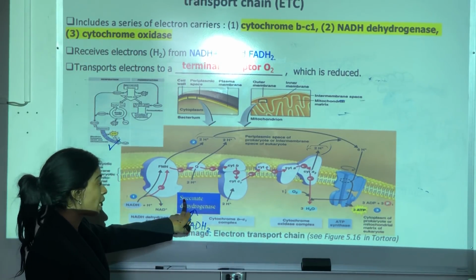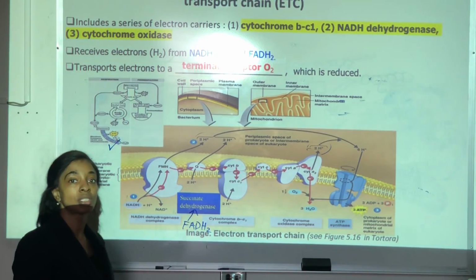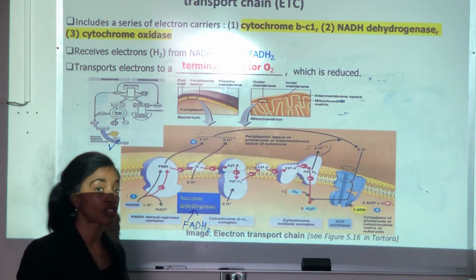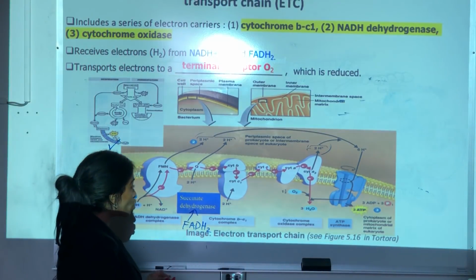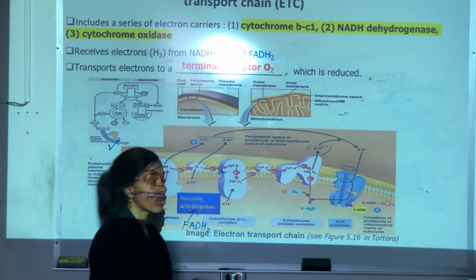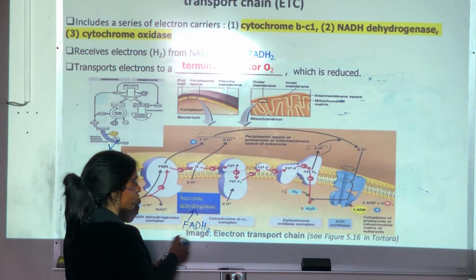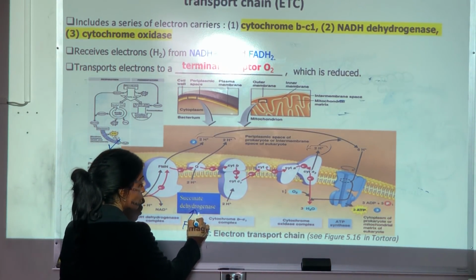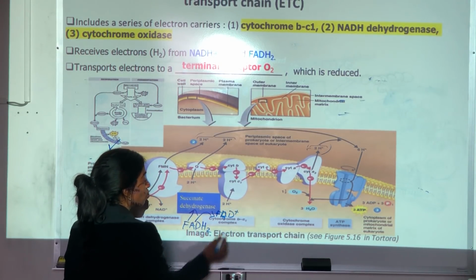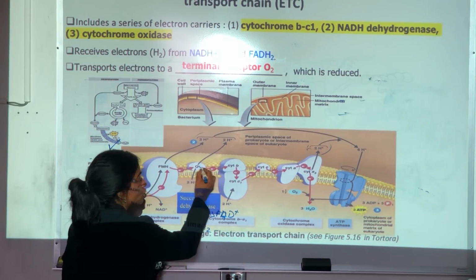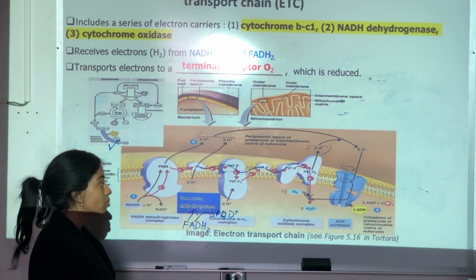So when FADH2 comes in, it comes in at a later stage of this electron transport chain. Since it comes in at a later stage, it's only going to activate a certain part of these proton pumps. So when the electrons are removed, this will become FAD+, and eventually the electrons will also shuttle across the chain, be collected by oxygen and make water.